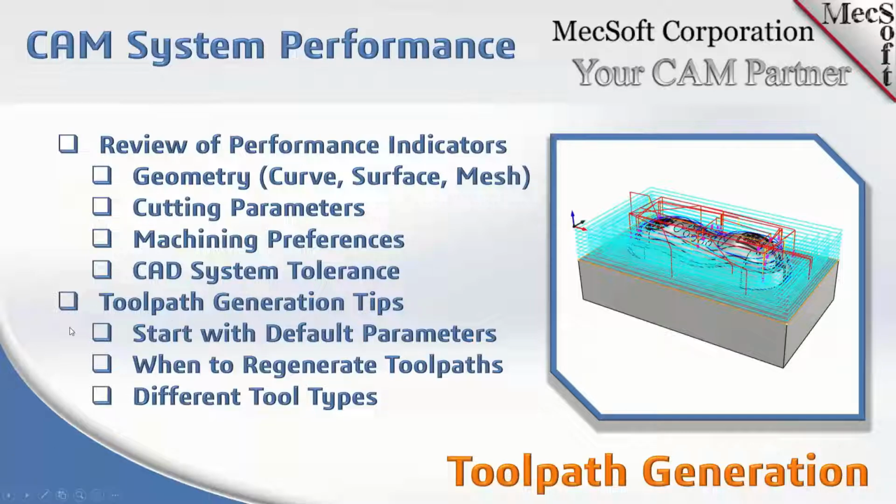And then at the bottom here, we've got some general toolpath generation tips. This is my little tip I put in here. You can start with the default parameters. Joe mentioned starting with a low density mesh. You can start with the default. Every toolpath you load, if you haven't run it before, will start up with default parameters, and those parameters pretty much in all cases will generate a toolpath.